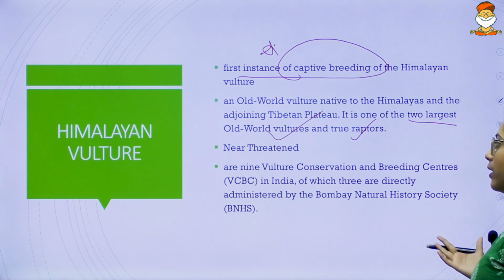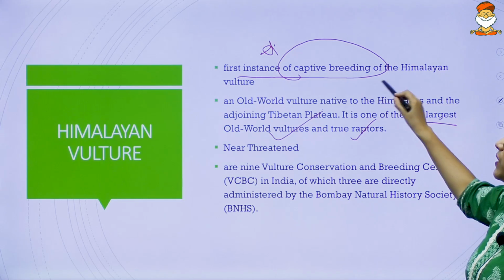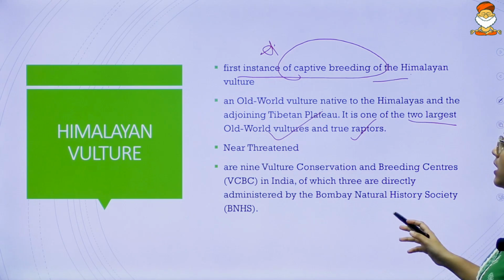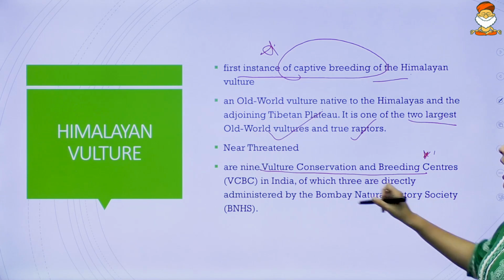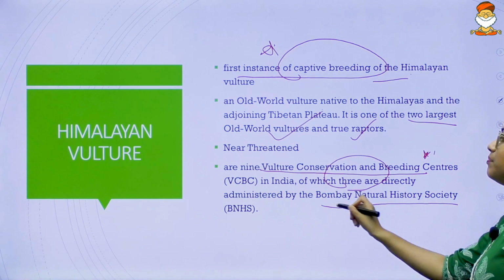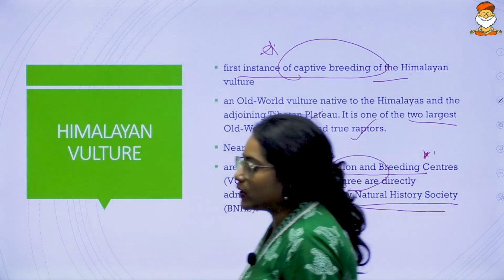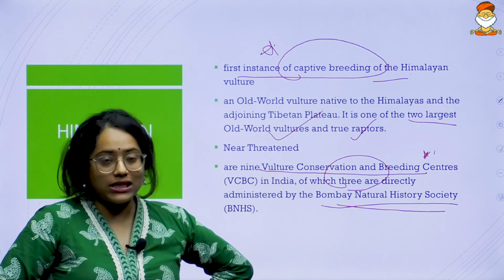In total now in India, including this one in the Himalayan region, we have started captive breeding. In total there are 9 vulture conservation and breeding centers, out of which 3 are directly administered by the Bombay Natural History Society. Again, the Bombay Natural History Society was previously asked in UPSC.